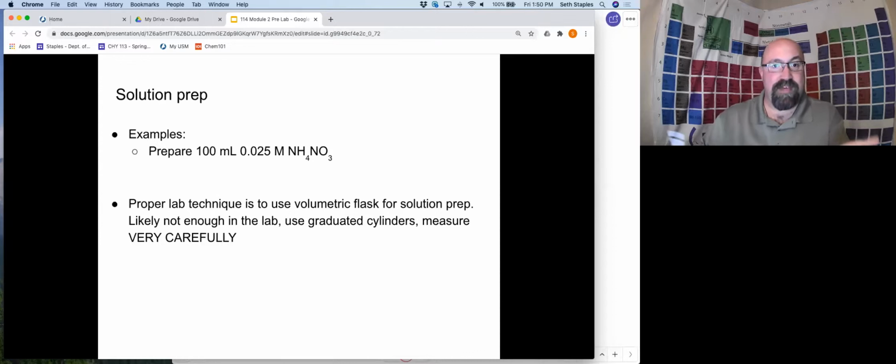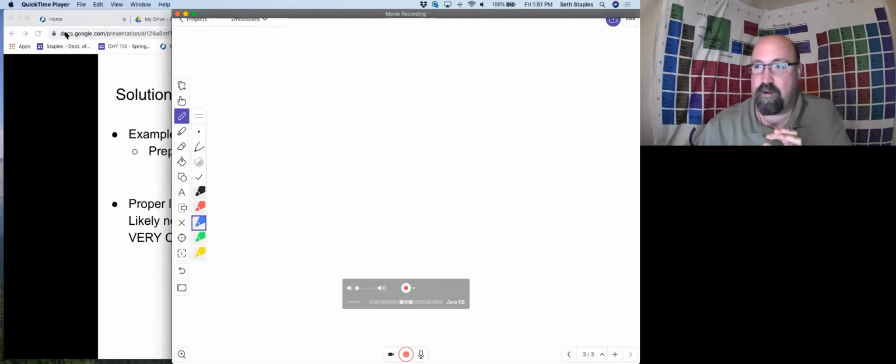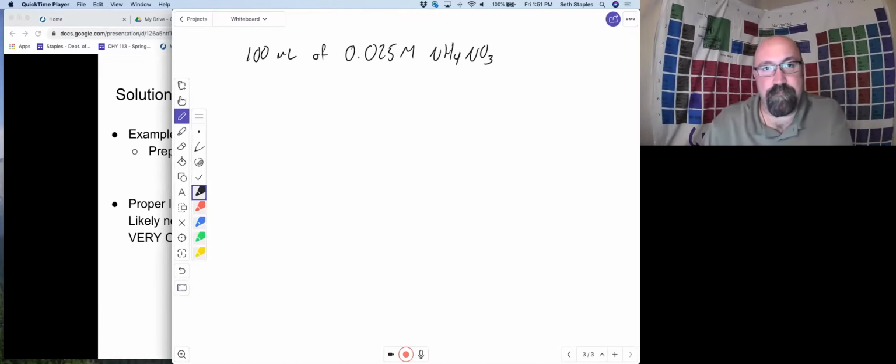So let's think about what that calculation looks like. We've seen this in lecture. This shouldn't be anything new. So again, we want to prepare 100 milliliters of 0.025 molar ammonium nitrate.